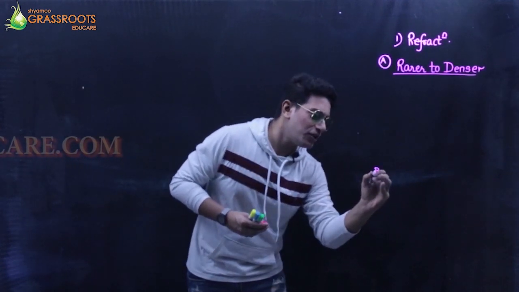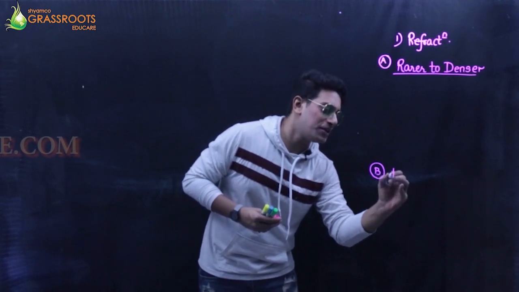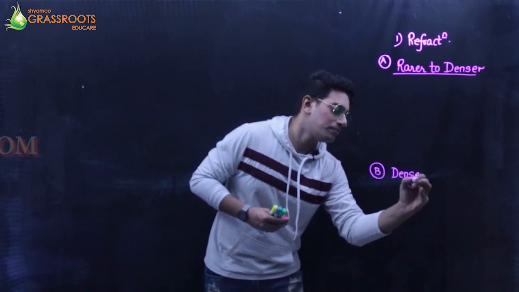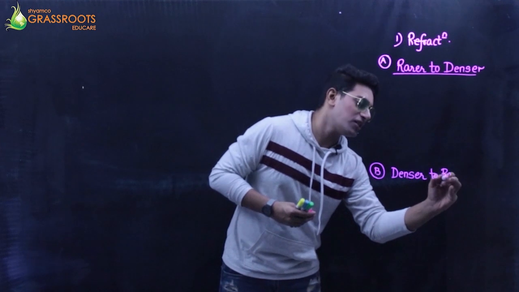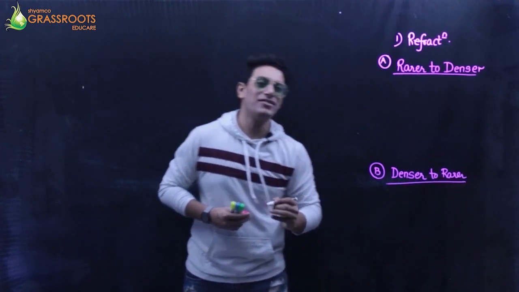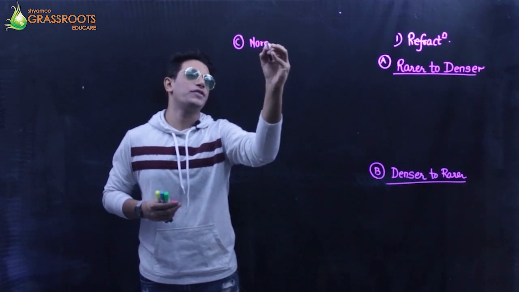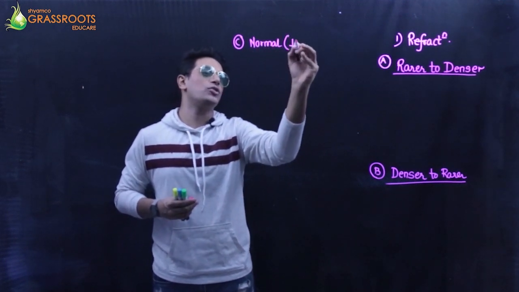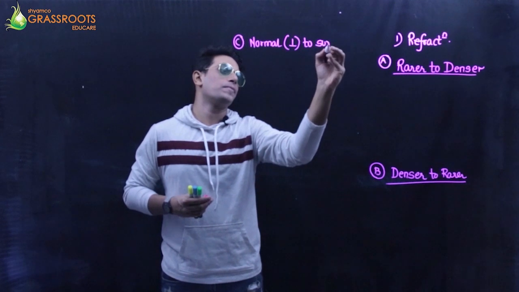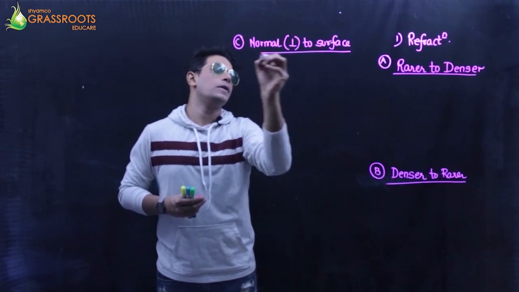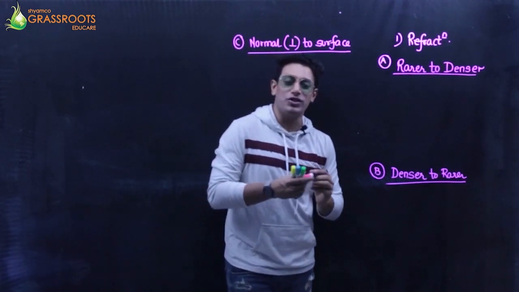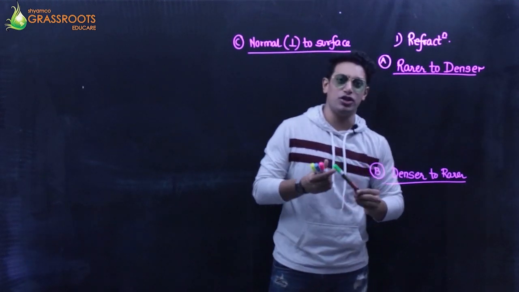Second condition, when the ray of light goes from a denser medium to a rarer medium. So, denser to rarer. And the third condition is when the ray of light falls normal to the surface, perpendicular to the surface. So we're going to look forward to the diagrams of these three conditions.